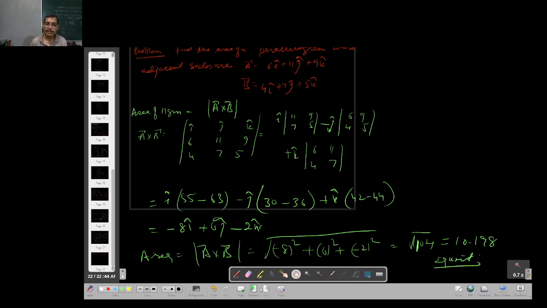Let us now discuss a very important point which we have to keep in mind. Say we are given two vectors A and B, and these two vectors are said to be parallel or perpendicular.